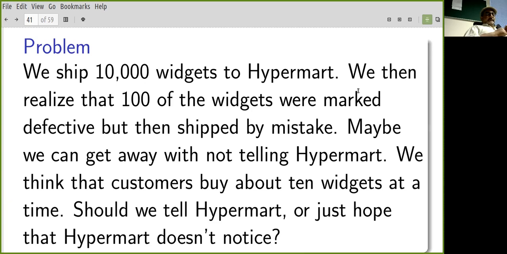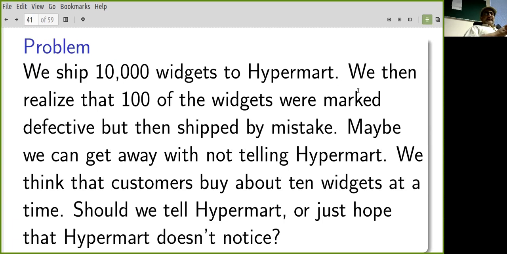Well, on the other hand, 100 widgets out of 10,000, and they're mixed in together, right? We think the customers buy about 10 widgets at a time. So maybe the customer won't be complaining. I mean, if a customer were to buy 10 widgets and 10 of them were defective, then there would be complaints, and then Hypermart would get back to us and complain.